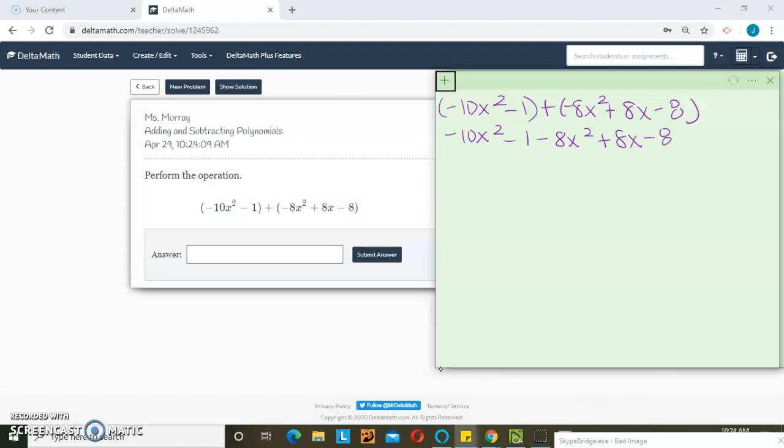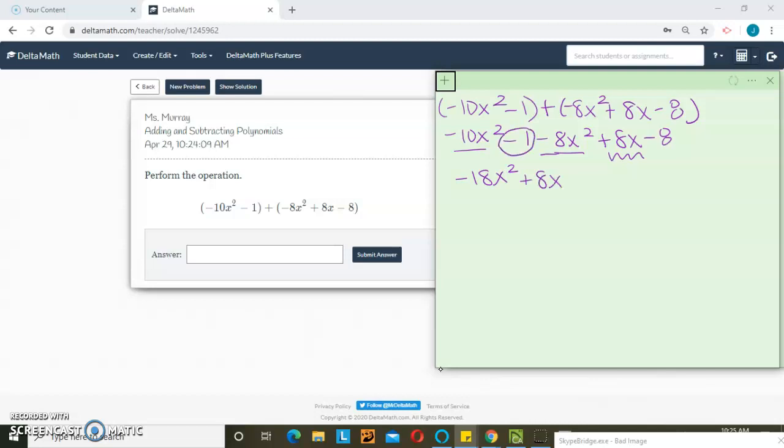Notice I always look for the highest exponents first. That's what's going to keep my polynomial in standard form. So a negative 10x squared and a negative 8x squared. You always want to take the sign sitting in front of that number. So negative 10 and negative 8 is negative 18x squared. Then there's nothing to go with my x term, so I'm just going to bring down plus 8x.